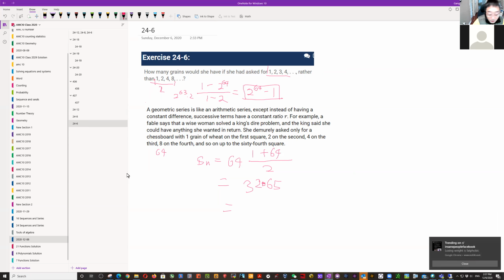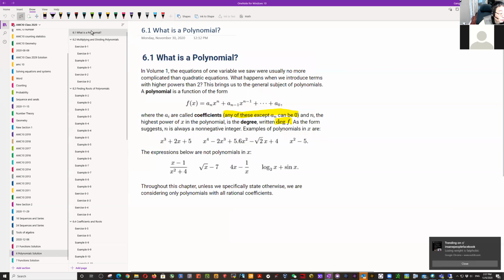Okay, so we got through the last time's problem. Let's keep going with today's topic. Today we are going to go through polynomials.